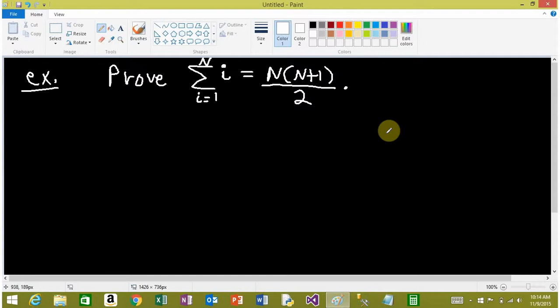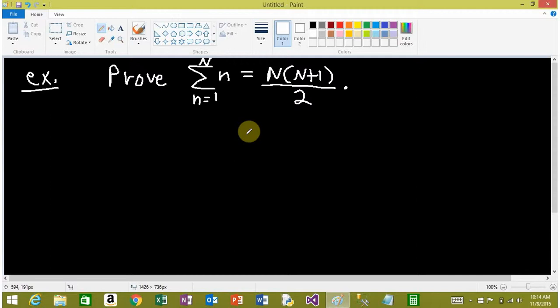We need to prove that that's true. You can use any letter you want, and in this case we could use i, but since we're dealing with n, we should probably stick with just lowercase n, so let's use our index as n.